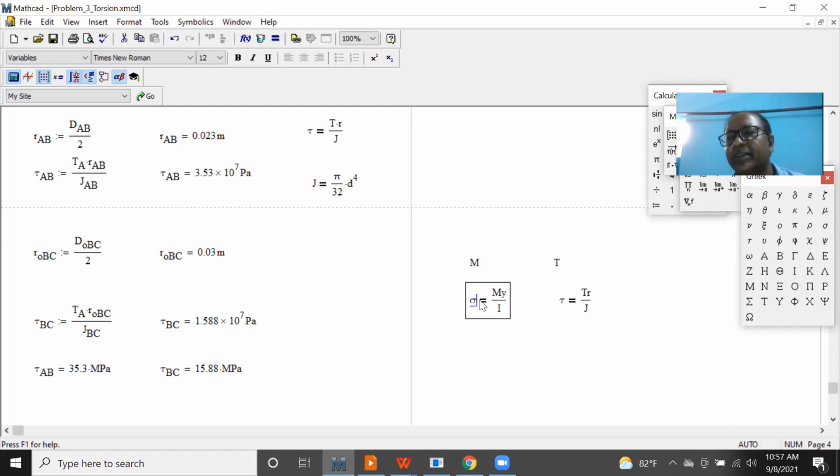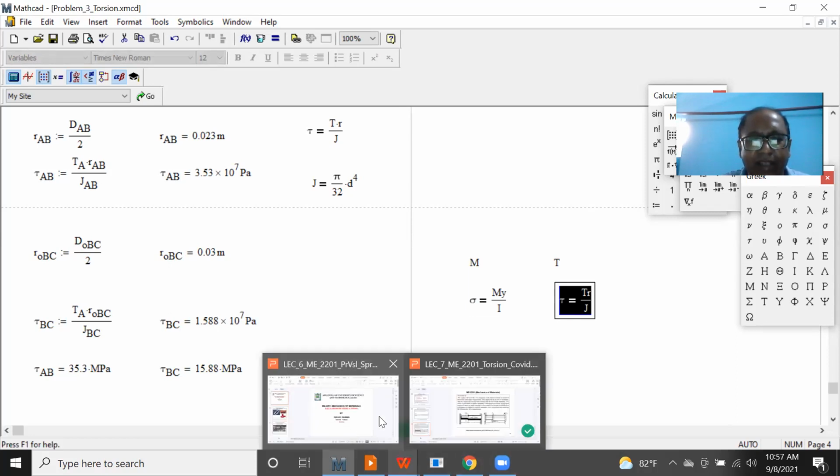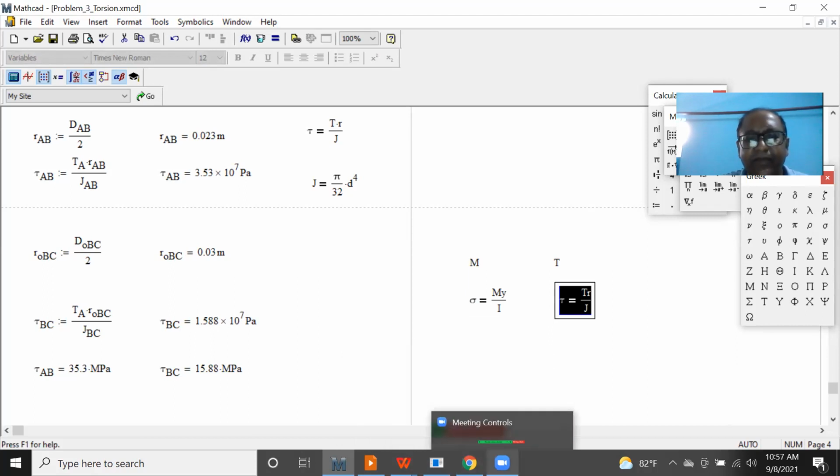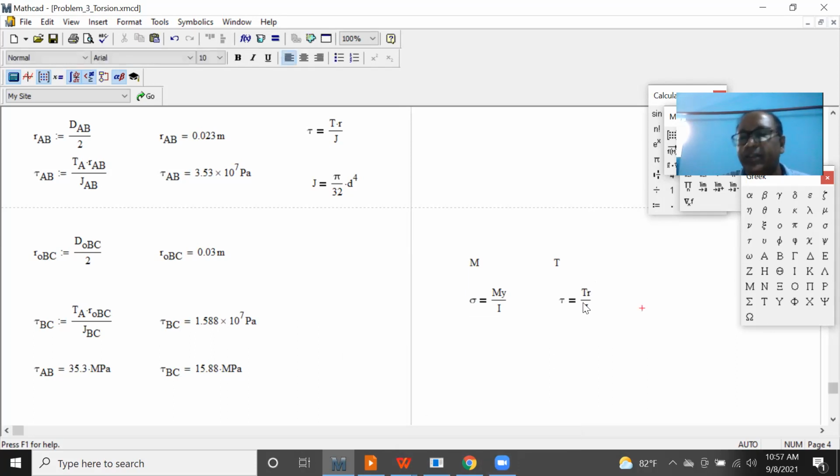You can apply the bending moment. But tau equals TR by J is applicable where? Only on what type of cross section can you apply this torque? Anyone? No? We can apply it only on circular cross section. Okay, so those are the differences.